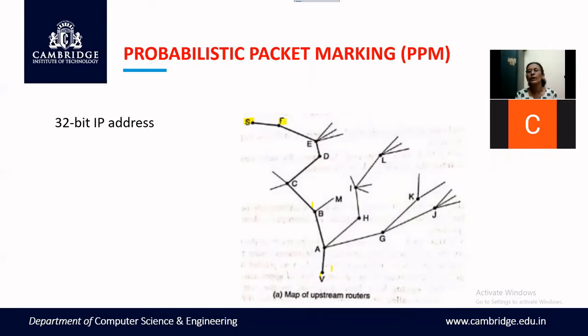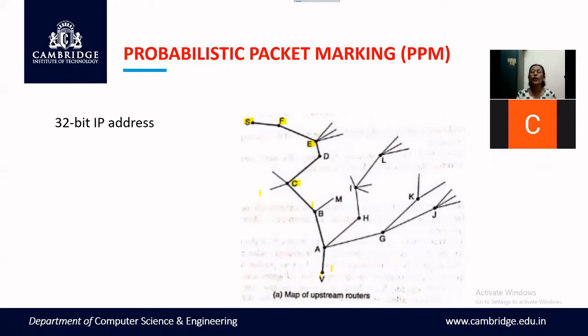When the packet moves to E, the address of F also gets added, so 4 plus 4, 8 bytes. When the packet moves to D, the address of E also gets added. When the packet leaves D and reaches C, D's address would also be added, so 4 into 4, 16 bytes. If you go through 10 hops, then 10 into 4, 40 bytes, is going to get added.